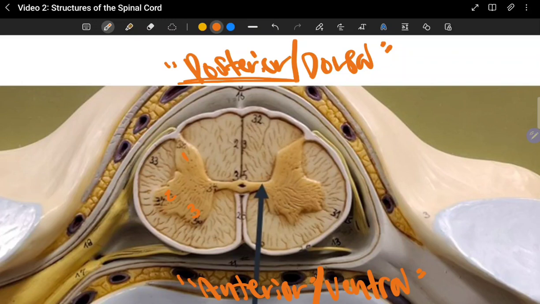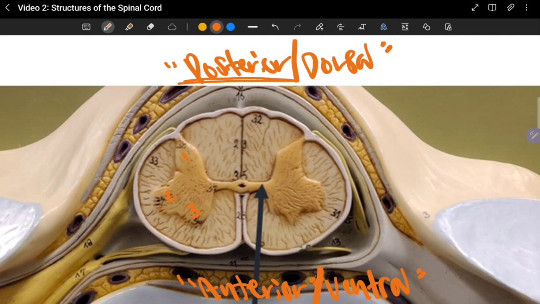These posterior horns also look the pointiest to me. They look the most horn-like. And their function is to receive sensory info. So we're going to have info coming in from our sensory receptors. It's going to travel to the spinal cord before this information goes up to the brain for processing. So that's going to happen at the area of number 1.